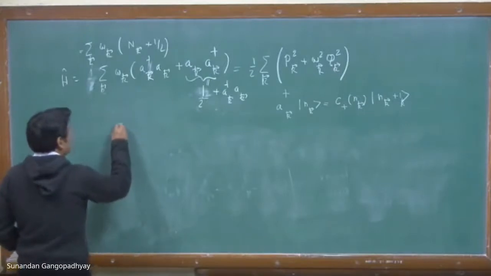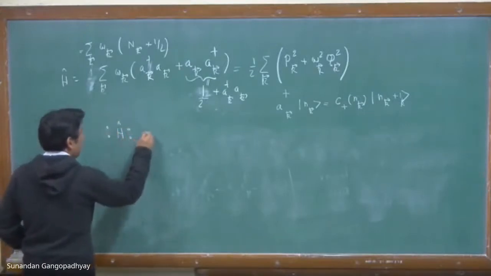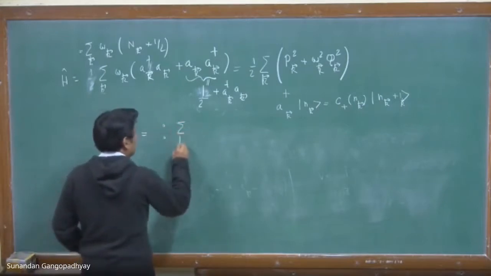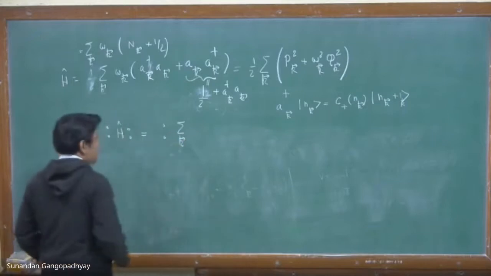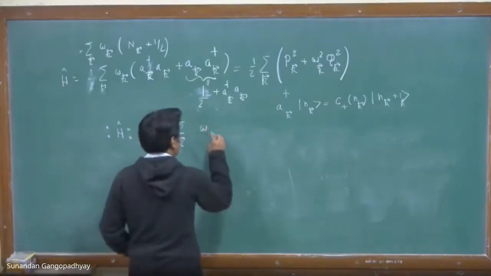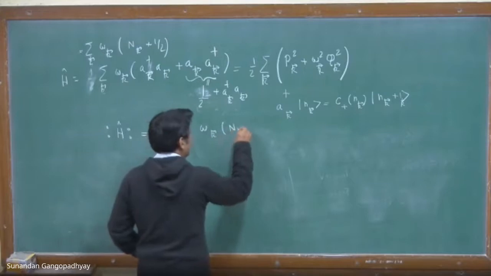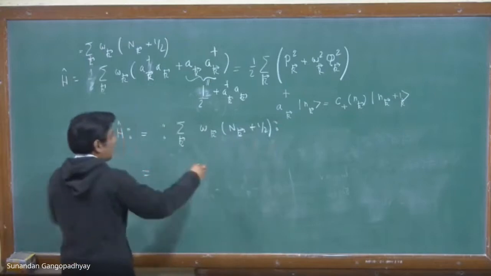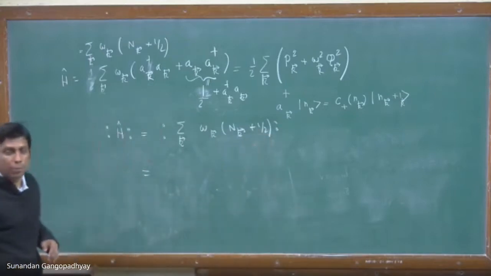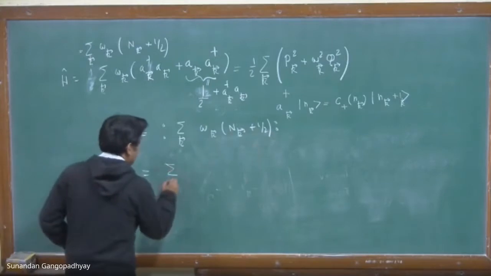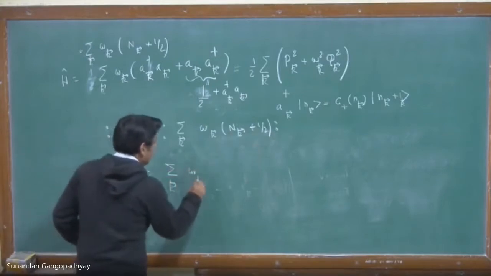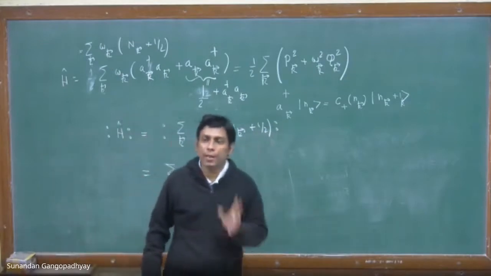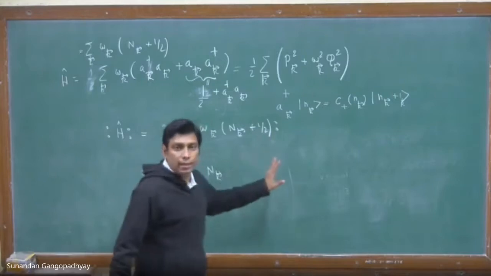So H hat normal ordered is nothing but summation over k of omega k (n_k plus half). And this is the normal ordering of the Hamiltonian operator. And by definition, this is nothing but summation over k of omega k n_k. What it means is that you just throw the 0-point energy away by hand. This is the technical meaning of this.